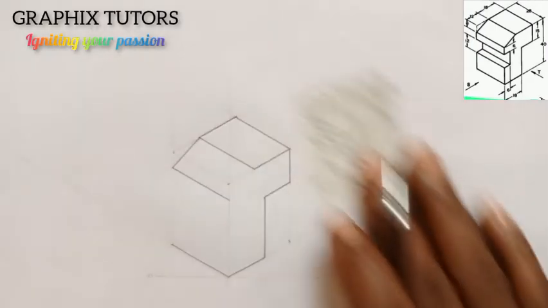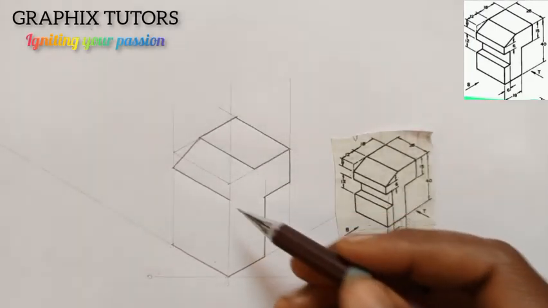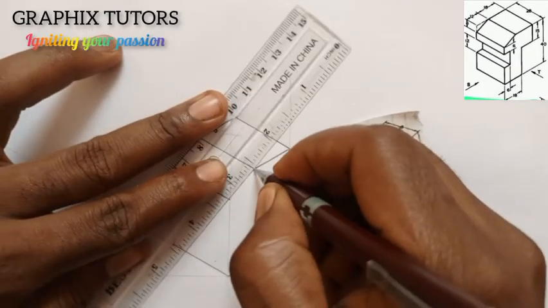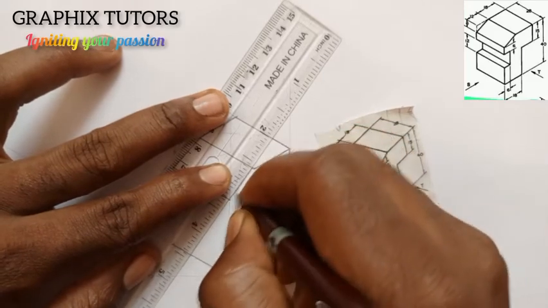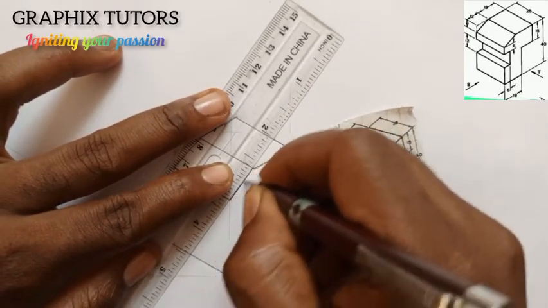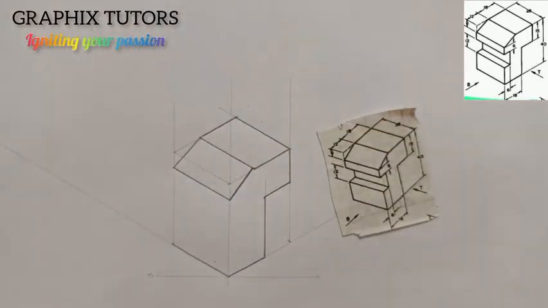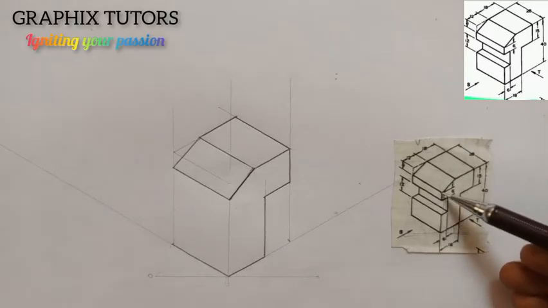Then here also is connected to this point, which is from here to here. So I'll connect it also to this point, like this. This is that point.